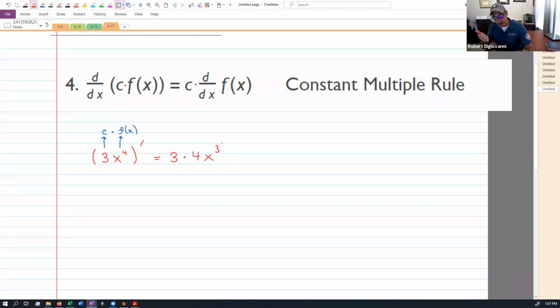Now you just use the power rule, right, for that? And then you can multiply the 3 and 4 together and just get 12x cubed. So the way I like to think about this, Naja, is that if you ever have a constant times a function and you want to take the derivative, I always like to say the constant just comes for the ride, okay? It comes for the ride.